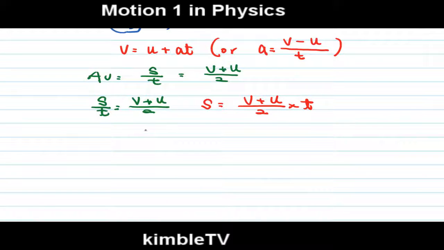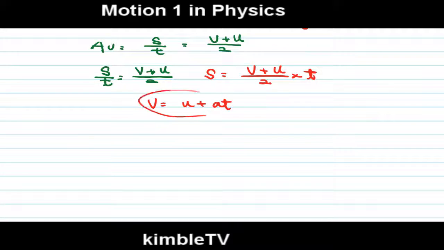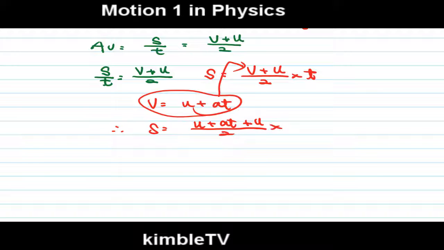And v was u plus at. I will substitute this one into the v. Therefore, s equals (u plus at plus u) on 2 times t.